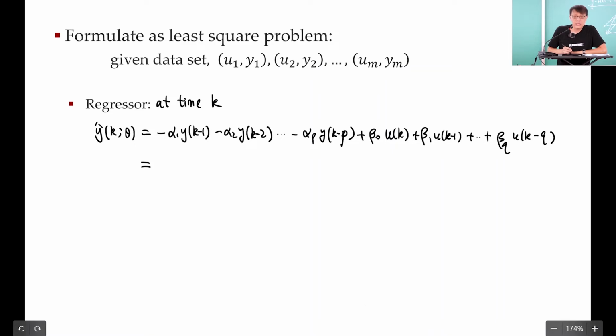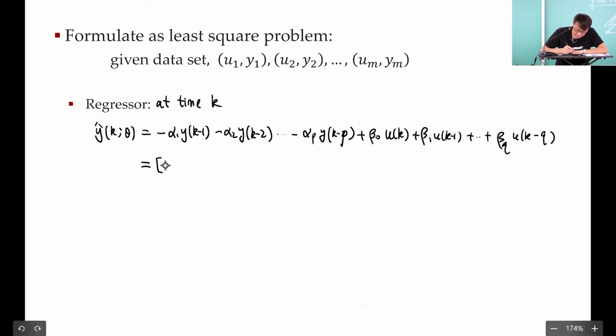Is this linear in parameter? That's my question. Now you should be very sensitive to whether something is linear or not, and linear in what. It's linear, so we can write it as a matrix times a vector, in this case just one row.